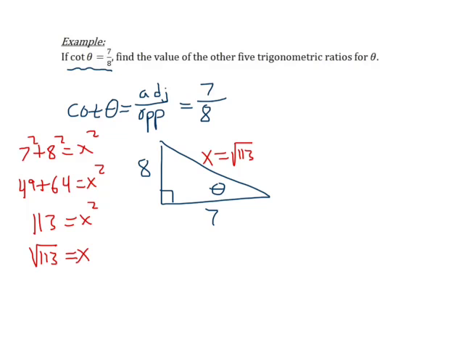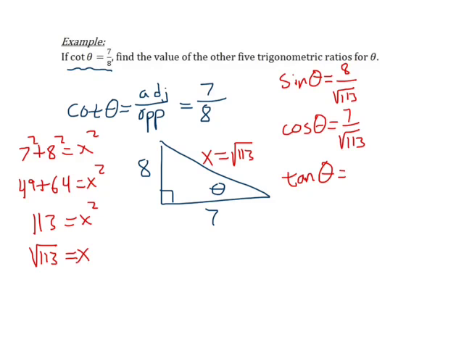And so now we can find our trig ratios. The sine of theta is opposite over hypotenuse, 8 over the square root of 113. Cosine of theta, 7 over the square root of 113, because it's adjacent over hypotenuse. Tangent of theta is opposite over adjacent, 8 over 7, which we might notice is also the reciprocal of our cotangent.